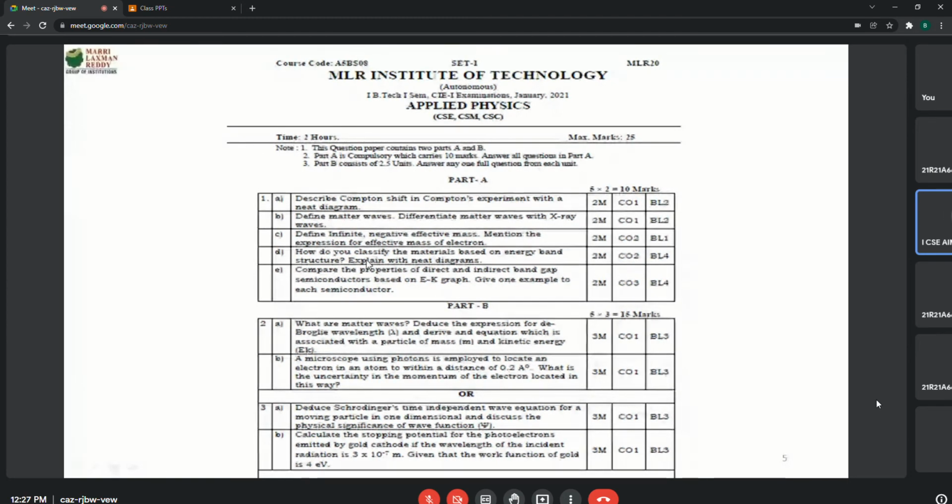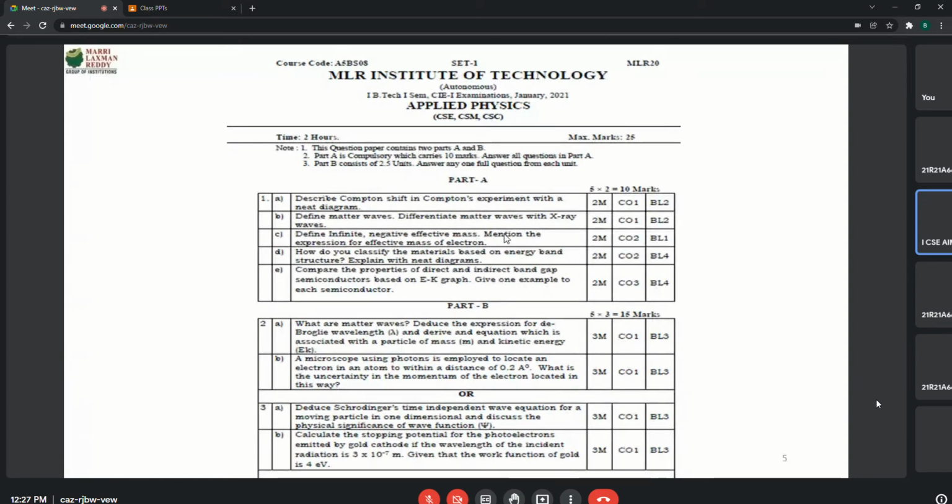Now, how they are distributed unit wise: the first 2 questions, 1A and 1B, are framed from unit 1. Compton effect is the first topic. The second one, define matter waves, also comes under the first unit. So 1A and 1B are compulsory. Next, C and D were framed from unit 2. Define infinite effective mass and negative effective mass, and mention the expression for the effective mass of electron.